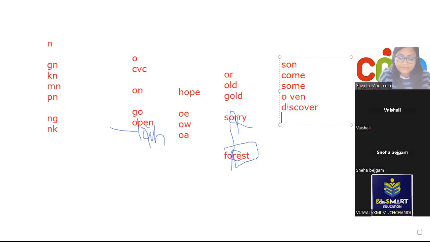Other examples are like front, month. Can you explain why it is u here? Any reason for that? No, O frequently has a short u sound when the spelling would normally suggest either a short O or a long O sound. So as such, there's no rule for this. But as we have seen, mostly it is before M or N, TH and V. These four are very common.